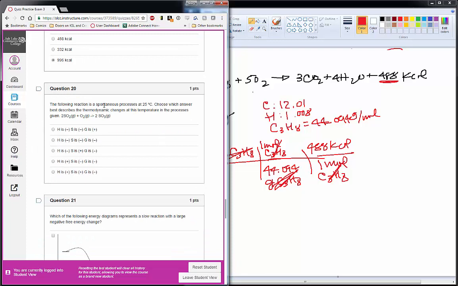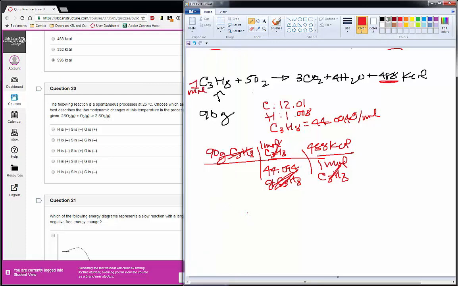Okay. The following reaction is spontaneous at 25 Celsius. Which best describes the thermodynamic changes at this temperature in the process given? Okay, so we want to know about delta H, delta S, and delta G. You don't have to memorize this equation, I will give it to you, but this is what's going to be helpful.